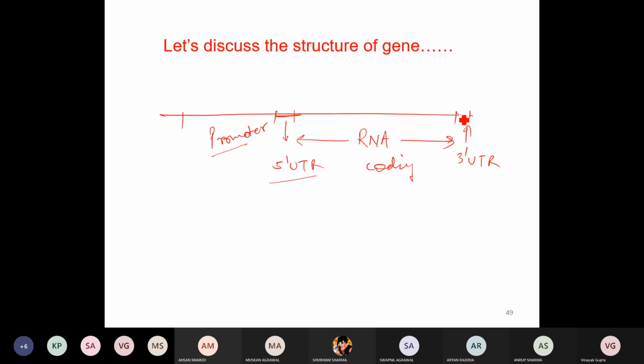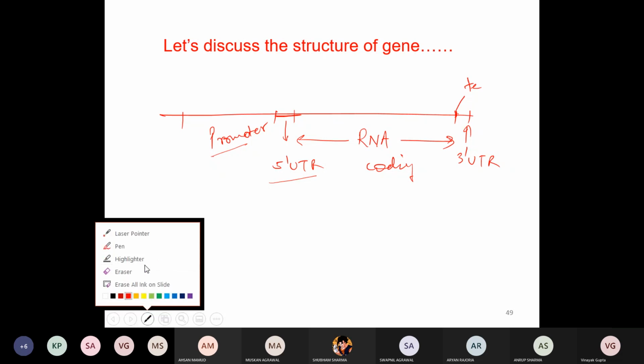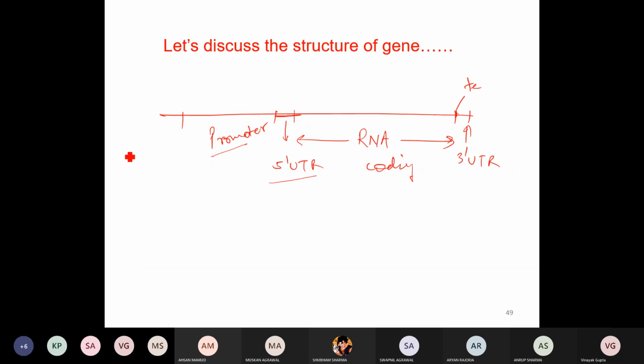After that, transcription is going to terminate, so here the termination site is there. There are many terms here which are new to you: promoter region, 5 prime UTR, coding part, and 3 prime UTR.